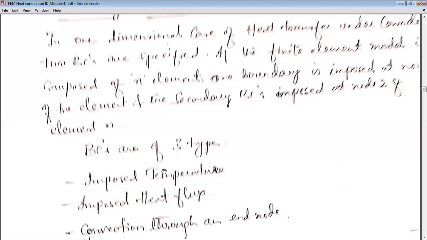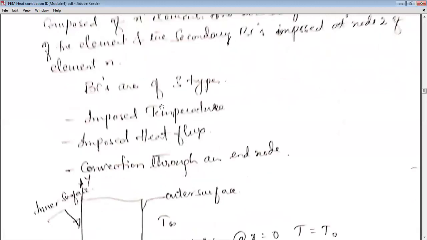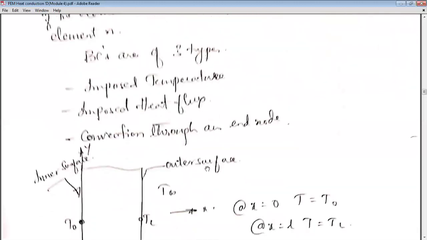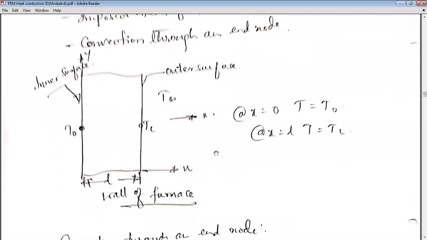Here you have three types: imposed heat flux, imposed temperature, and convection through an end node. Let us not dwell more on this. The inner surface and outer surface are exposed to outer temperature, T naught and TL. This is the wall of a furnace. So this is how the boundary conditions are described.